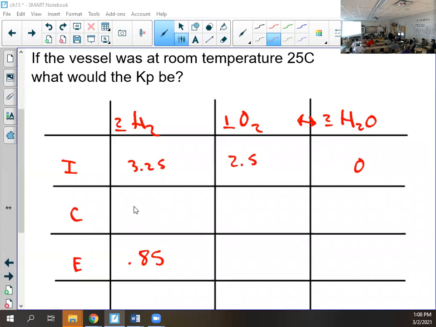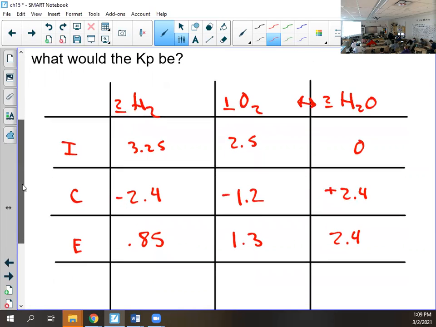It can't be 1.4. Okay, and that's a negative. This would be negative 1.2, right? Positive 2.4, right? 1.3, 2.4. Plug it in. Oh, shoot, what is R again? 0.0821. So we plug this into the equilibrium expression.